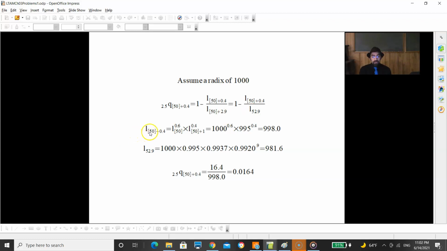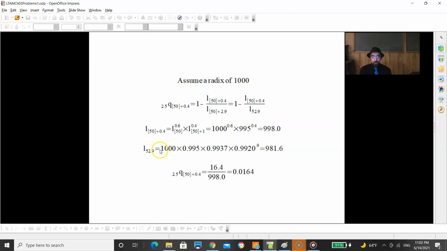And so then we just say, all right, how many of these 1,000 people would survive to age 50.4, assuming they were selected at age 50. So then l50.4 will be 1,000 to the 0.6 times 995 to the 0.4.